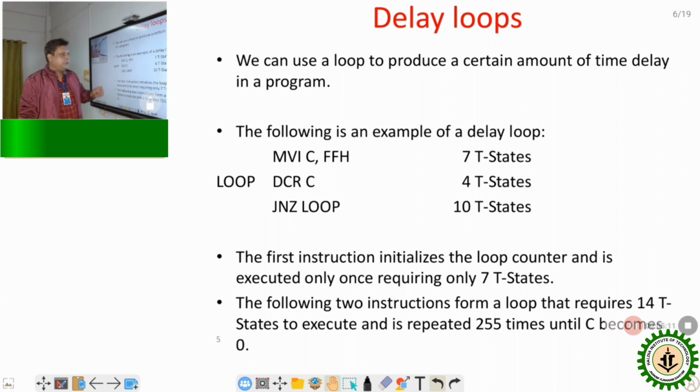This conditional jump has 10 T states when the condition is not satisfied and the loop is working. The moment the condition is satisfied and the control comes down from this instruction, the number of T states is reduced to 7. This fundamental one has to know before proceeding for either generating any type of delay or calculating how much delay is there.